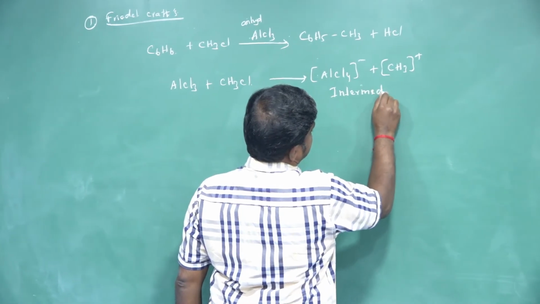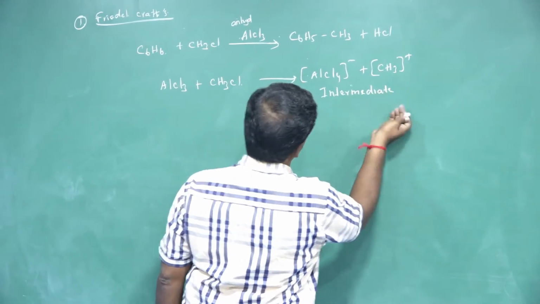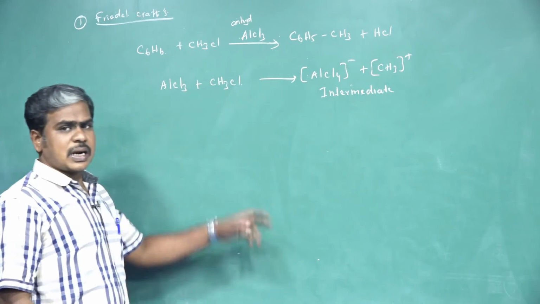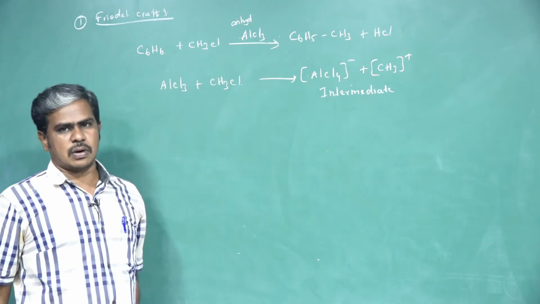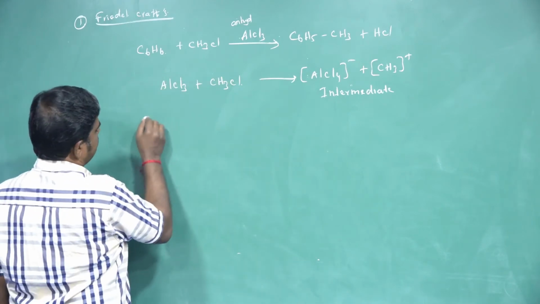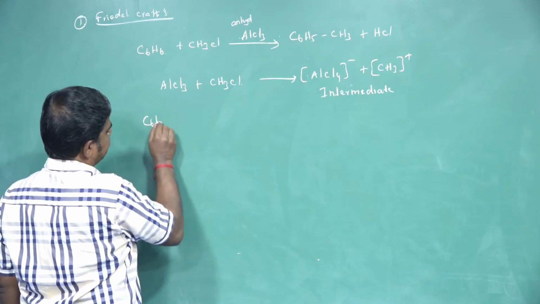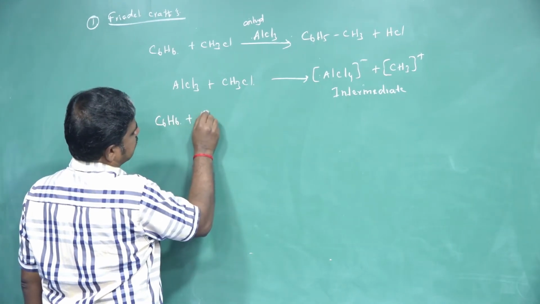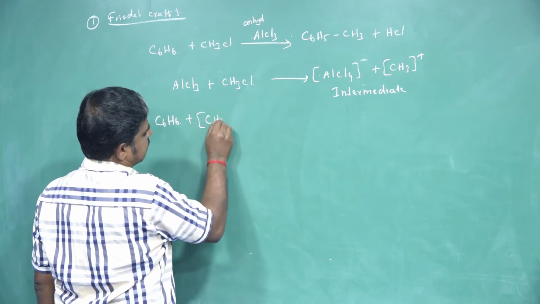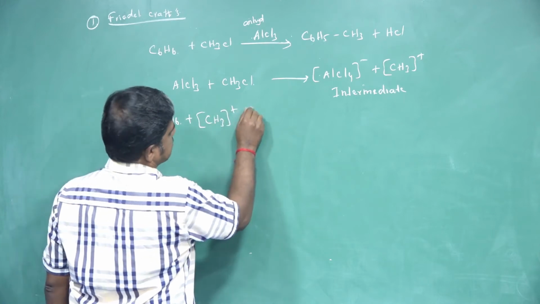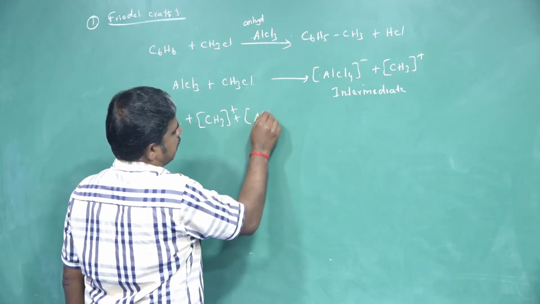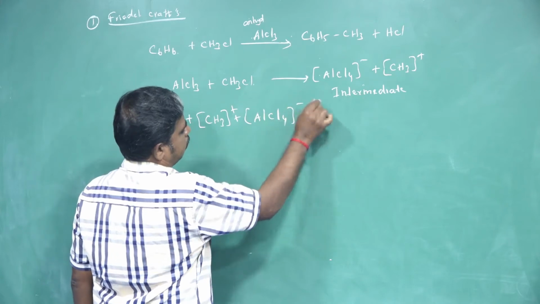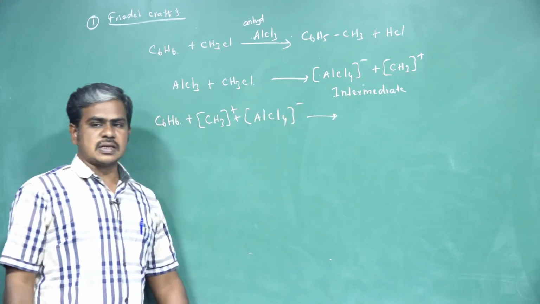So the intermediate reacts with another reactant. What is the other reactant? Benzene is the other reactant. So here when benzene reacts with the intermediate, that is CH3 plus and AlCl4 minus, then it forms the desired product.